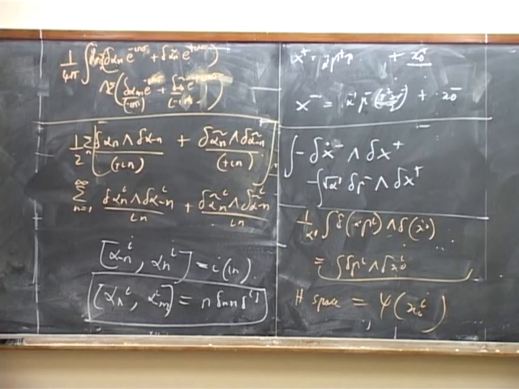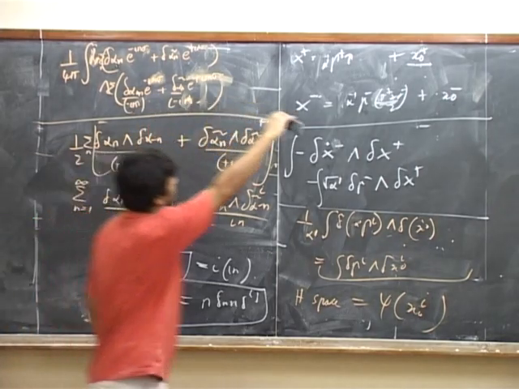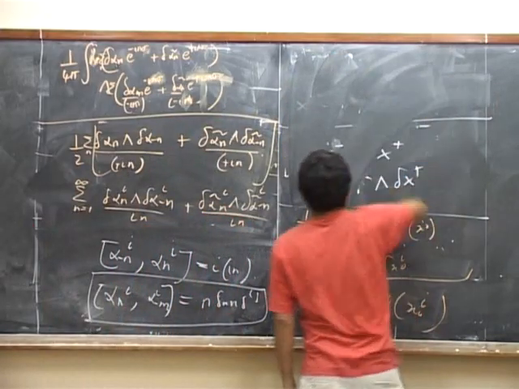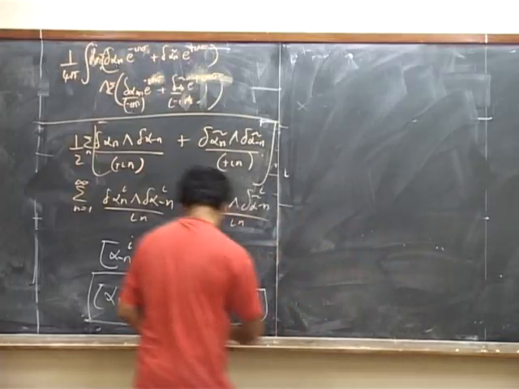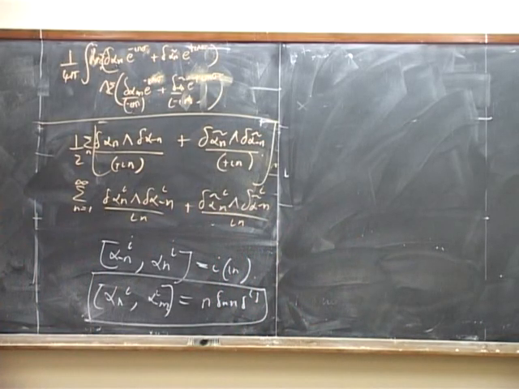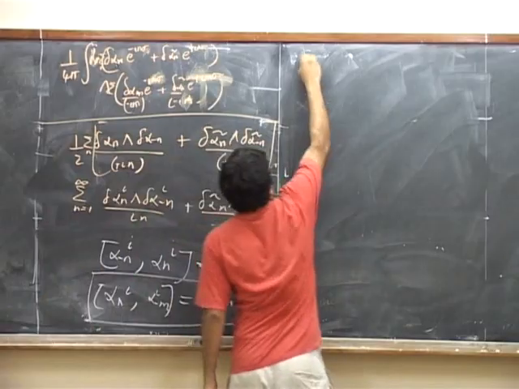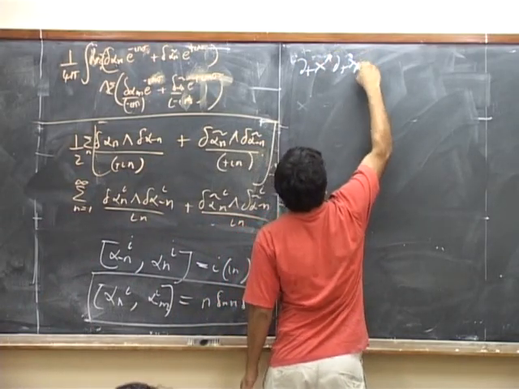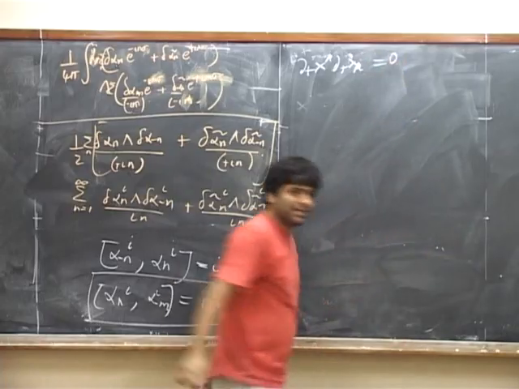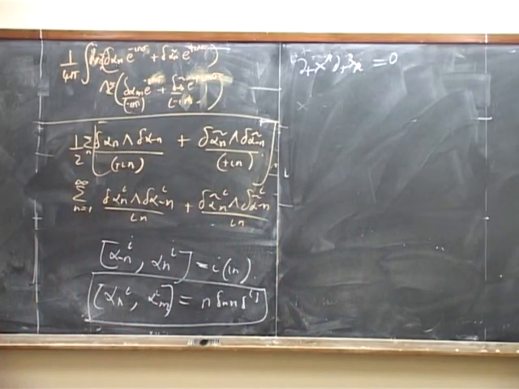So, what was the constraint? The constraint was the equation del plus X mu equals 0, and a similar one with minus.